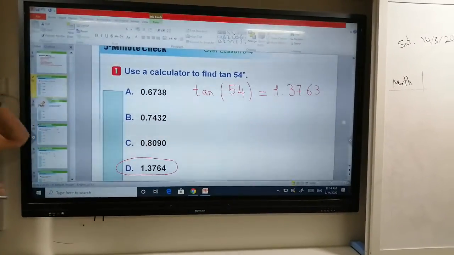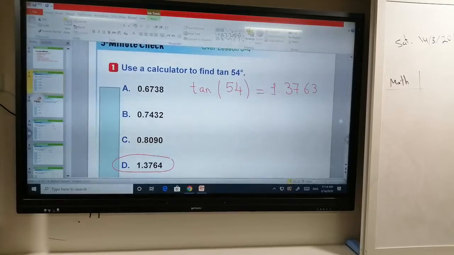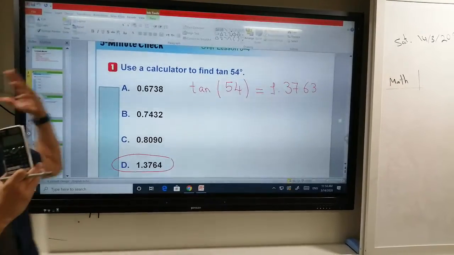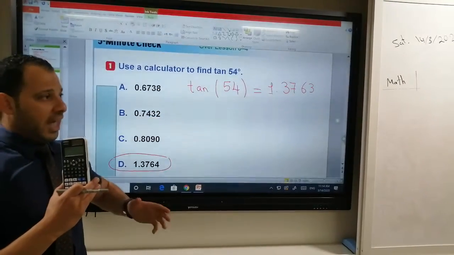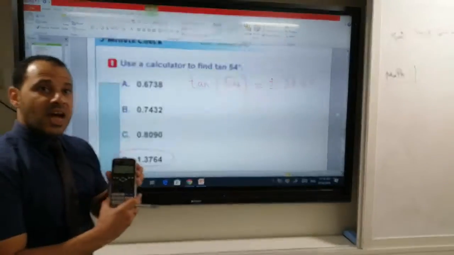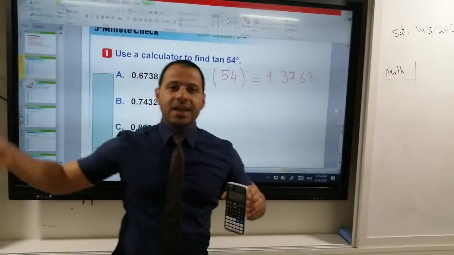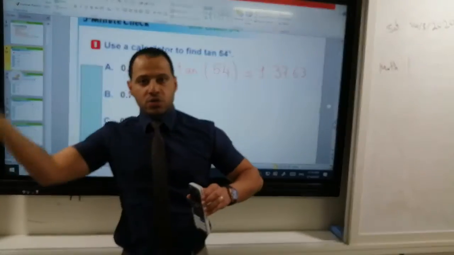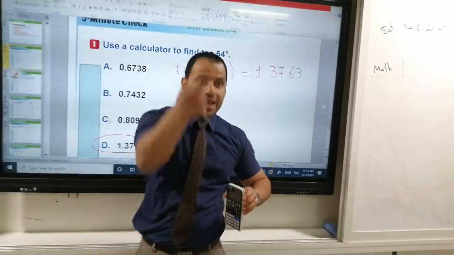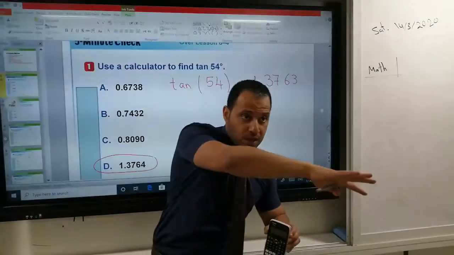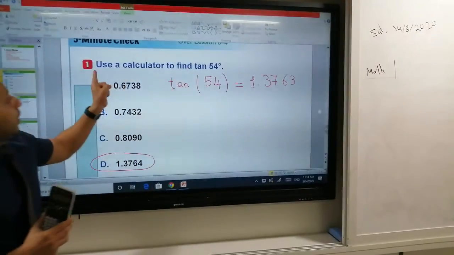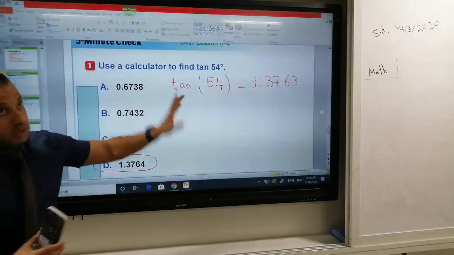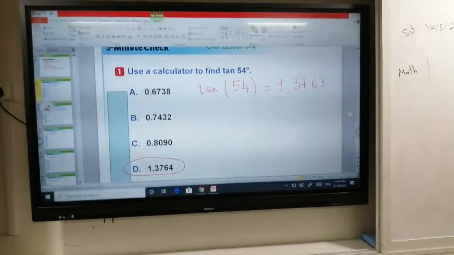If you need to find sine, press sine and then the angle, close the bracket, press equal. Cosine, then the angle, then the bracket, then equal. You find it directly by using your calculator. Okay, this is the first example.